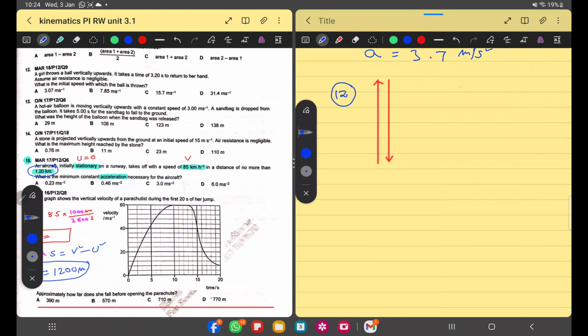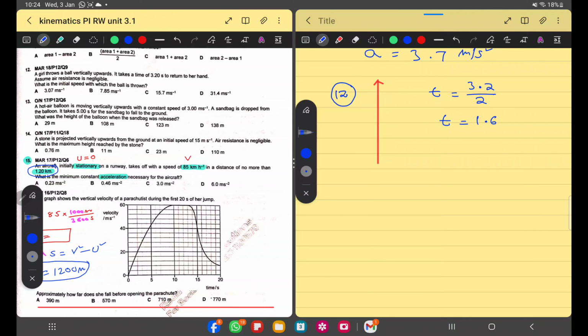We are given the total time, 3.2, but we should divide by 2 to calculate the one direction time, and the one direction time is 1.6 second. So only the upward time is 1.6 seconds, so I am erasing the downward motion. We are only dealing with the upward motion.